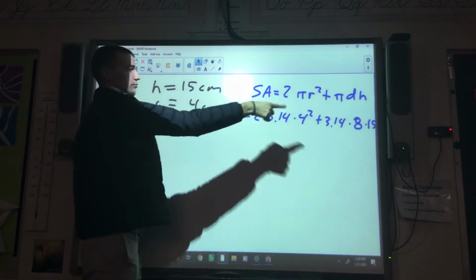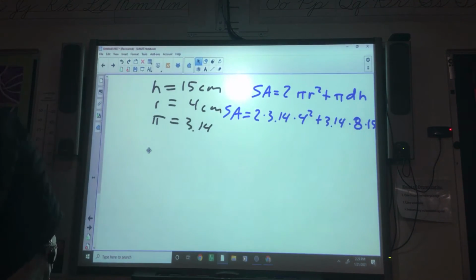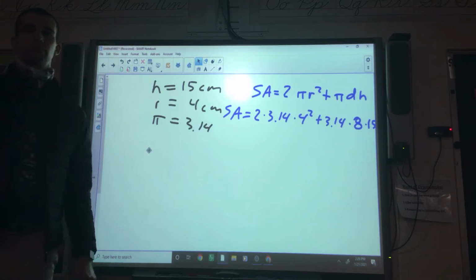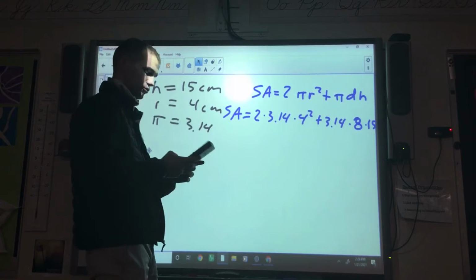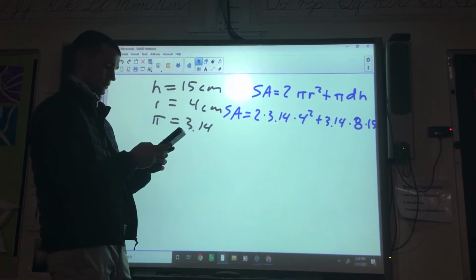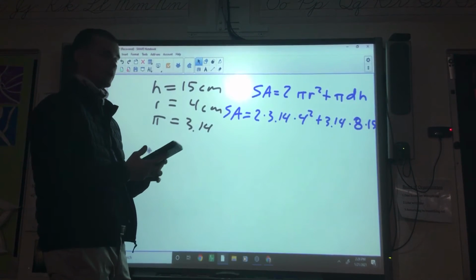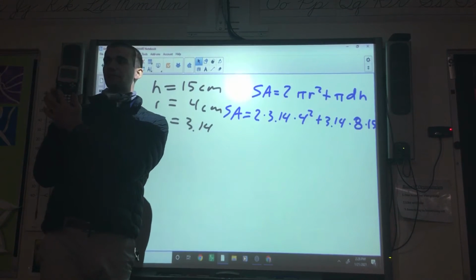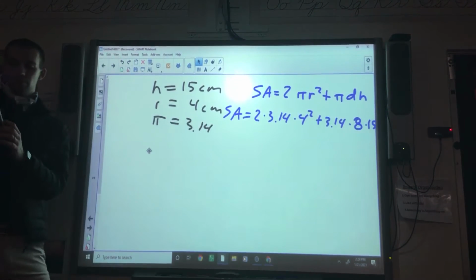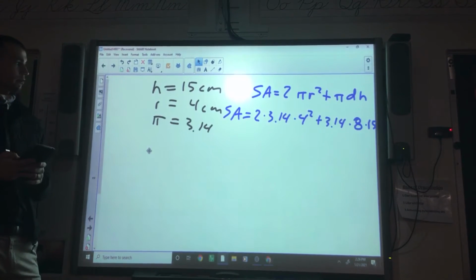Put that into your calculator, spit it out, see if you get the right thing. Two times 3.14 times 4 squared. If you don't know where the squared button is, it's on the left side of your calculator, about halfway up. You can just hit that and it will automatically square it.